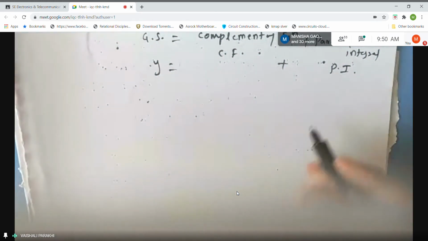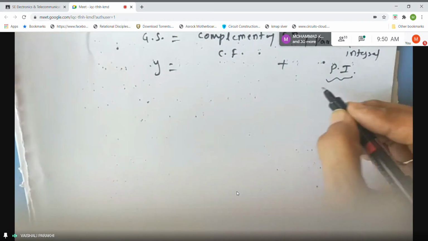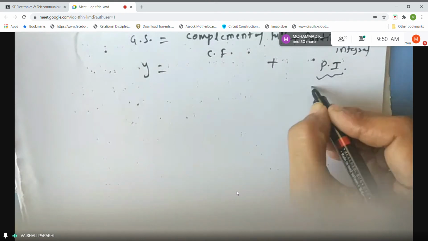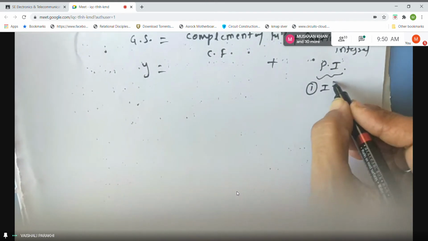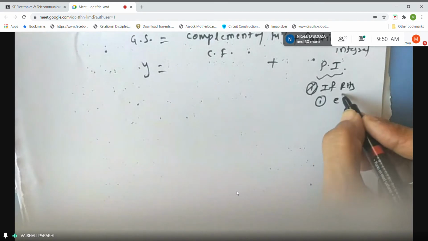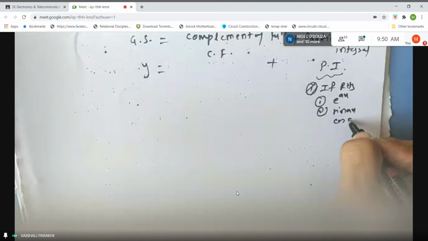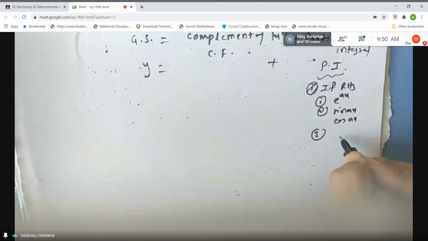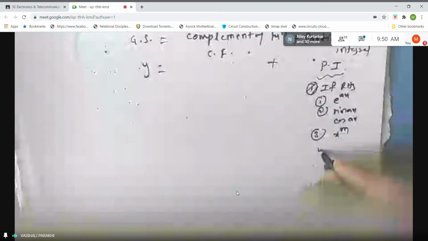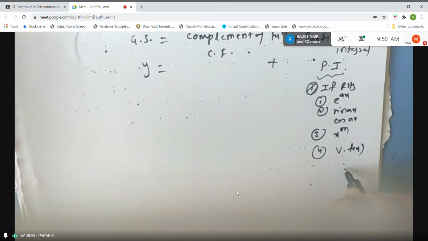Now particular integral is fully based on right hand side. So there are different cases. If you remember, if right hand side is of the type e raised to x, if it is of the type sin ax or cos ax, right? Then if it is algebraic, then if it is v into some function, right? So in this way, there were different cases to find out the particular integral.